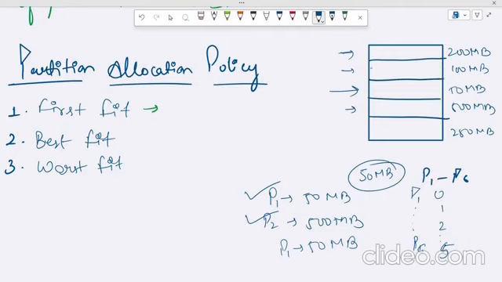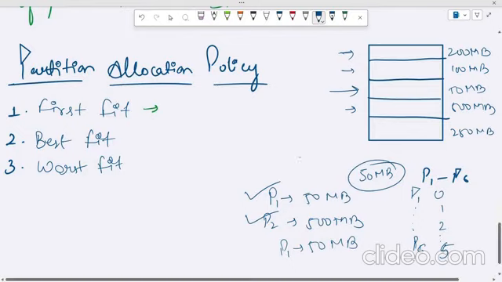Every block is empty, and the operating system finds a block size of 500 MB and a process of 50 MB. So in worst fit, the P1 process is assigned to the block having very high memory.